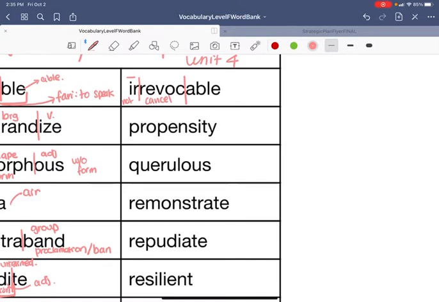Or, voke means voice, and re means back. You're kind of taking back your word, even.